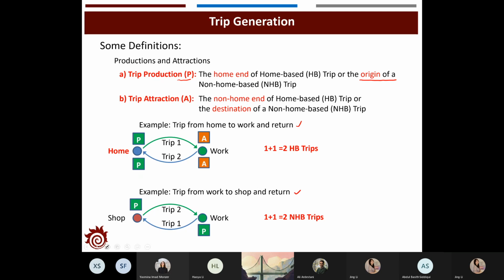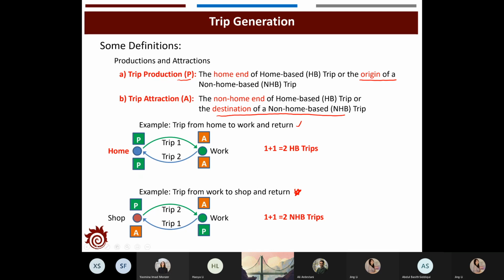So we have two attractions at the work. For the second example, it is different. The destination of the non-home-based trip will be the attraction. So for trip 1, the attraction is the shop, and for trip 2, the attraction is work.